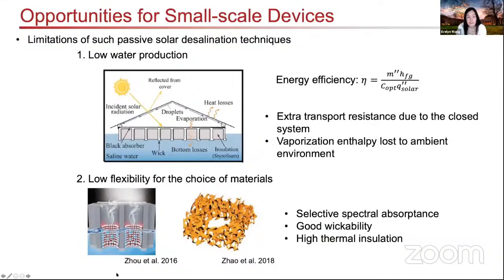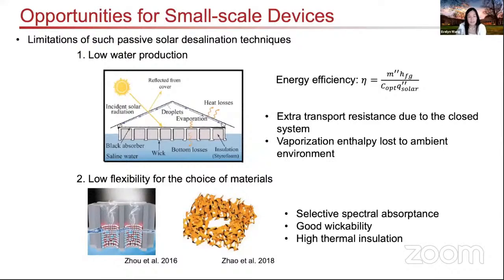The first is that still the water production is relatively low. Because of the limited efficiency still, while there's been interest in pushing this efficiency, there are extra transport resistances due to the closed system, as well as vaporization enthalpy loss to the environment that limits ultimately the efficiency and water production.